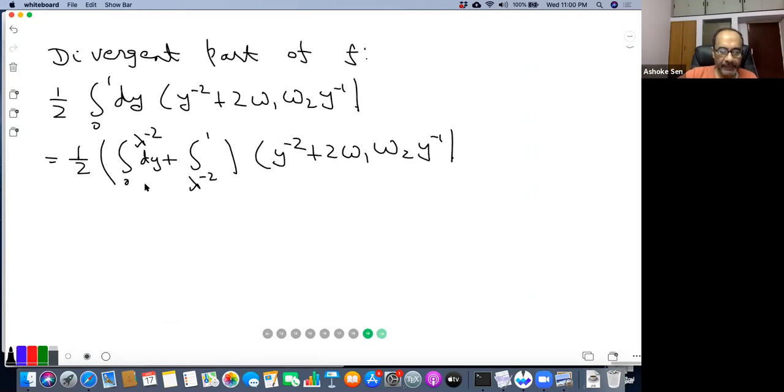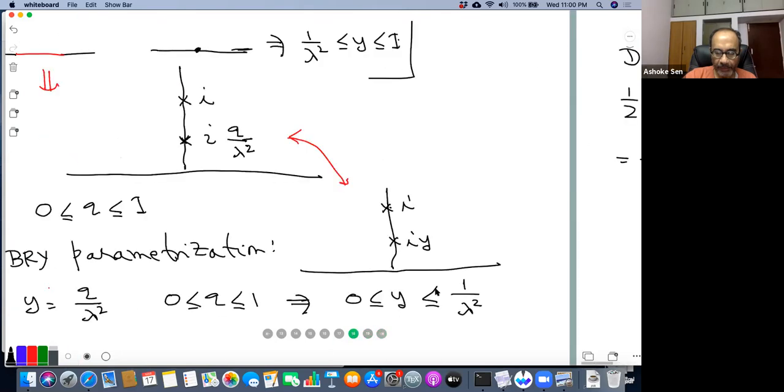Now for this integral, we change variable from y to q because this contains a divergent piece, right? So we write here y is equal to q over lambda square, right? That's what we found here, the relationship between y and q.